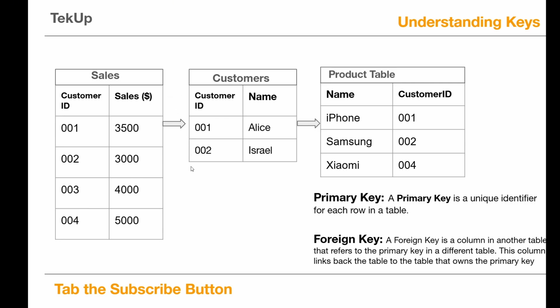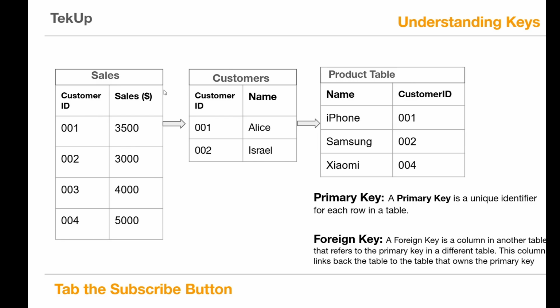Now, here we said a primary key is a unique identifier for each row in a table, while a foreign key is a column in another table that refers to the primary key in a different table. This column links back the table to the table that owns the primary key, just as this customer ID is linking this table back to this customer table. Let's move ahead.